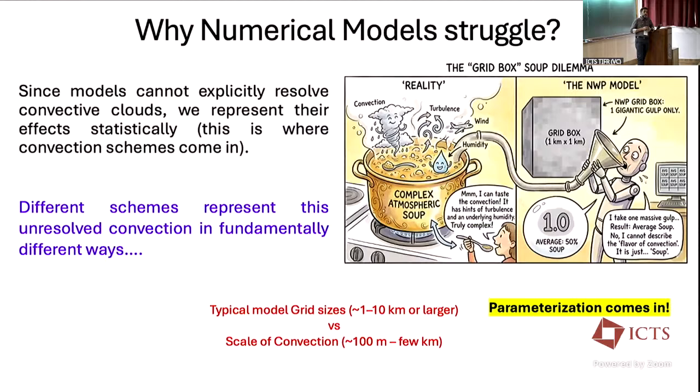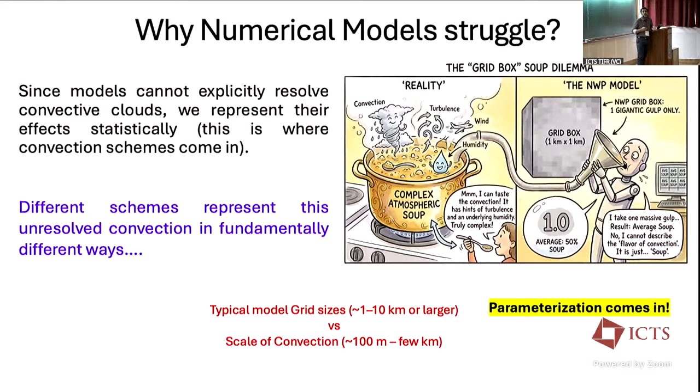Why do numerical models struggle? Look at the cartoon here; it's the classical grid box soup dilemma. On the left-hand side is atmospheric convection in the grid box, where convection has different flavors: turbulent motion, thunderstorms, cumulus convection, you name it. You want to taste that soup, but we're asking the model to taste it in one gulp.